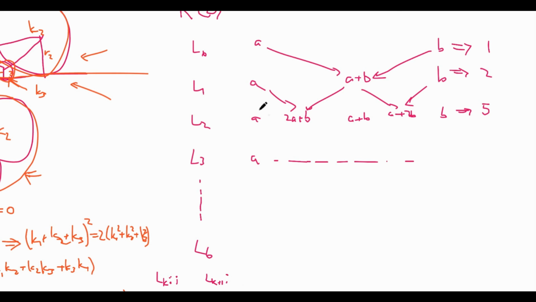Well, notice that everything in L sub k we bring down to L sub k plus 1. So we already know that there will be an i here. But we have to add the extra terms. And the extra terms are made by adding one from the left and one from the right.